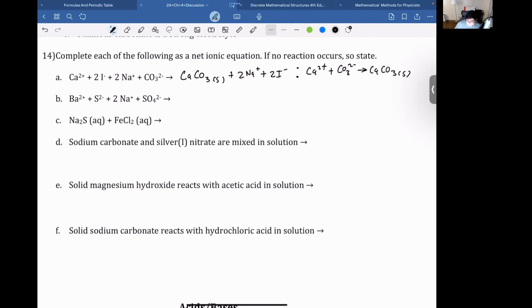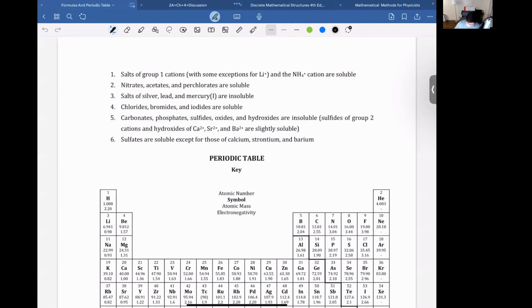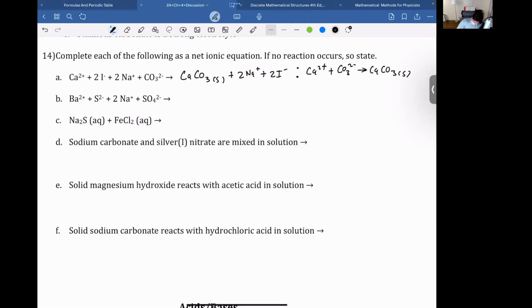B, we're going to do the same thing. So barium sulfate, I believe, is soluble. Nope, all sulfates are soluble except calcium, strontium, and barium. So barium sulfate is going to be the insoluble thing. Then we have sodium and the sulfur, so sodium sulfide.